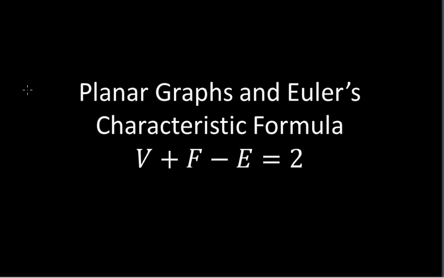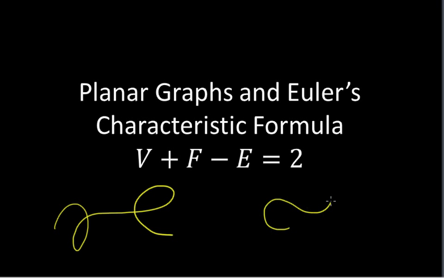Well, first of all, I should tell you what a planar graph is. A planar graph, let's see, I'll draw one. Here's a planar graph. That would be a planar graph. Or this would be a planar graph.